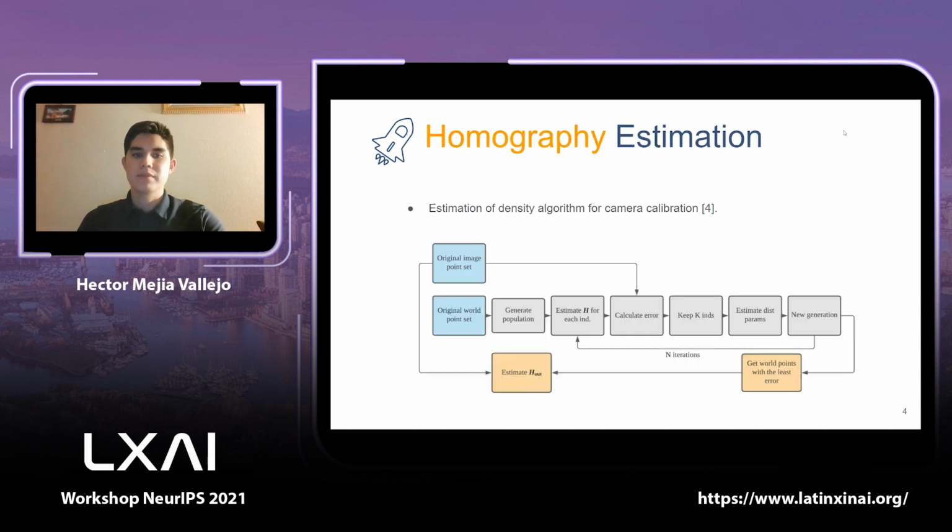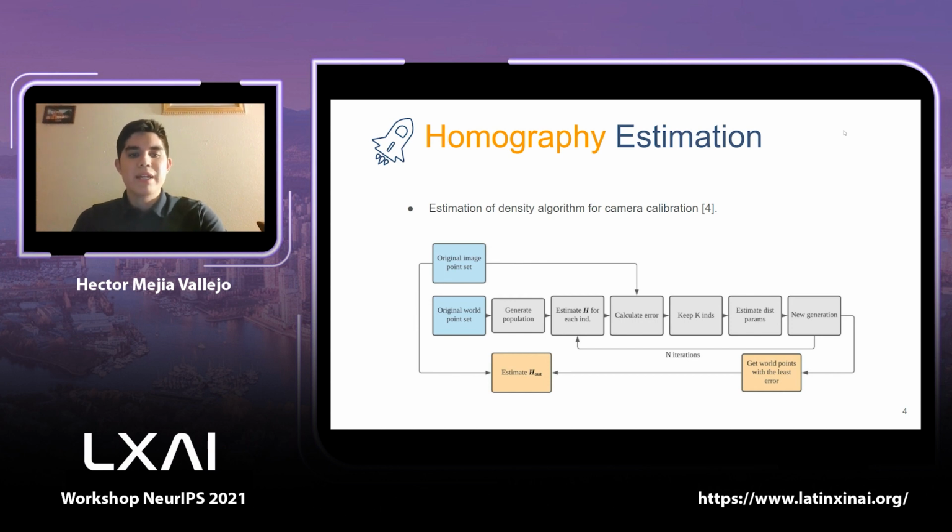The proposed algorithm starts with the original set of world and image points. For the set of world points, we create the first generation by introducing random variation of each point using a predefined percentage. For each generated set, we compute the homography matrix using direct linear transformation. Furthermore, we calculate the errors using the original image point set and the estimated image point sets for each individual.